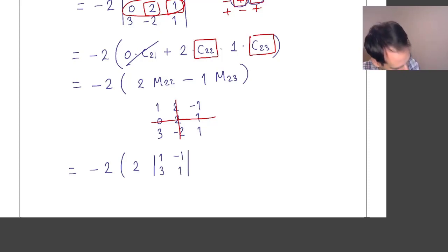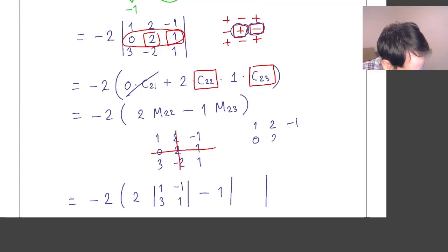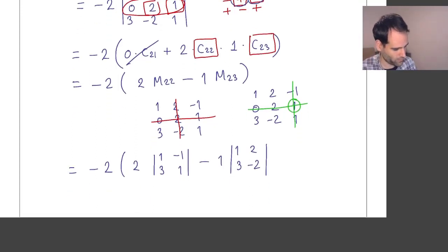And then minus 1 times the determinant of the matrix that results corresponding to the minor 2,3. Let me write down the matrix again. Now we are interested in the minor associated to this element. So we cross out this row and this column, and the 2 by 2 matrix that results is 1, 2, 3, minus 2.